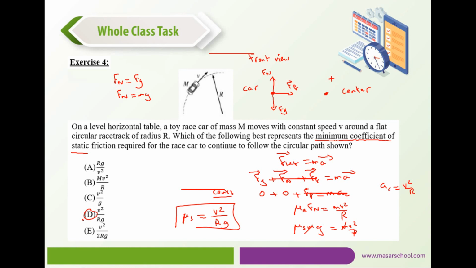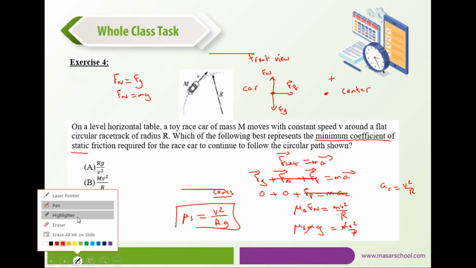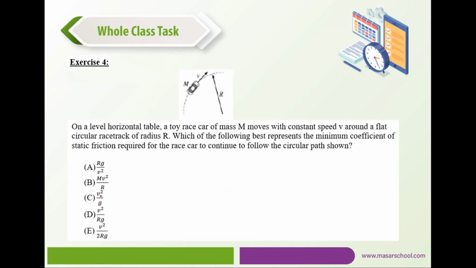Whenever we're talking about the edge of motion in such type of problems, let me make an important note here. So a flat circular track, which is known as an unbanked curve.